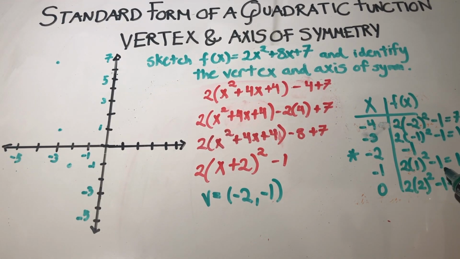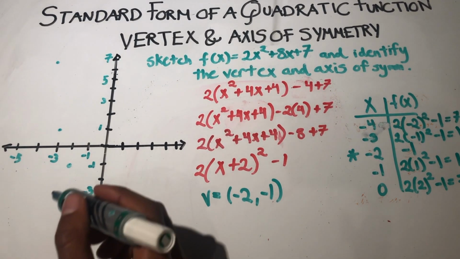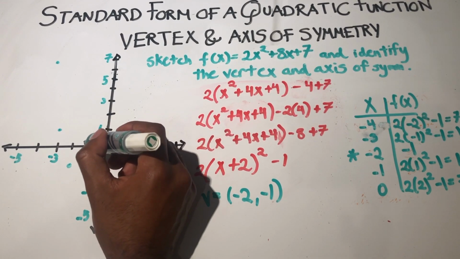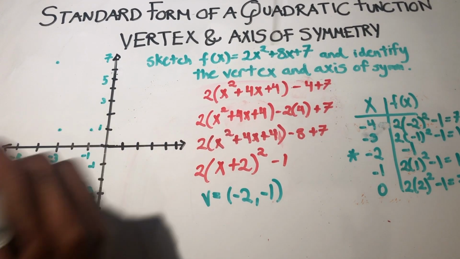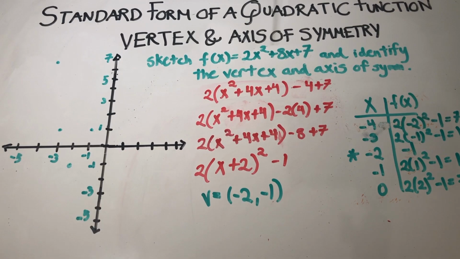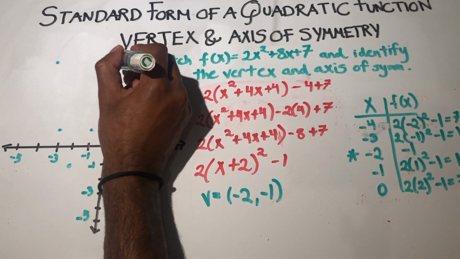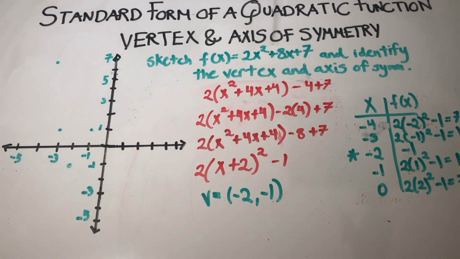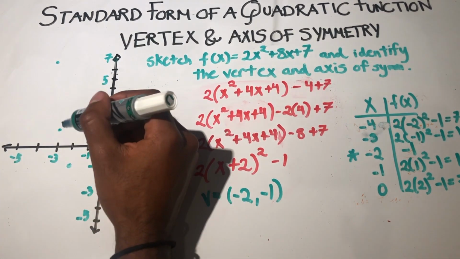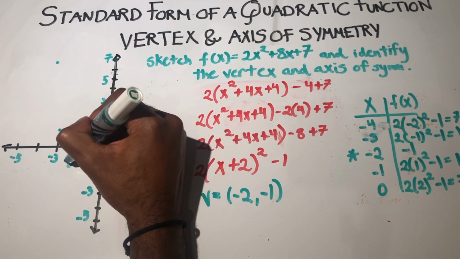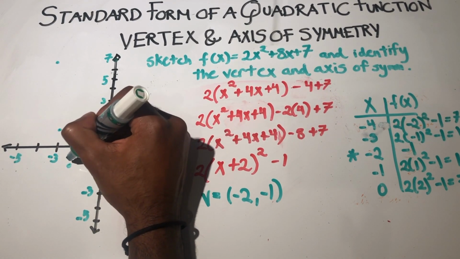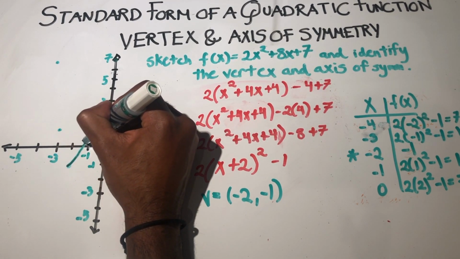Then we have -1 at 1. Then we have 0 at 7, which is just straight up on the y-axis. Then if we go ahead and plot those points, we're going to get our curve. It's going to look something like this.